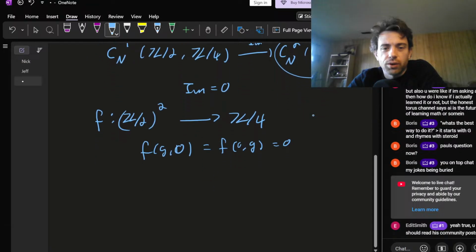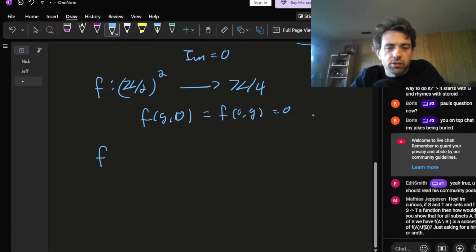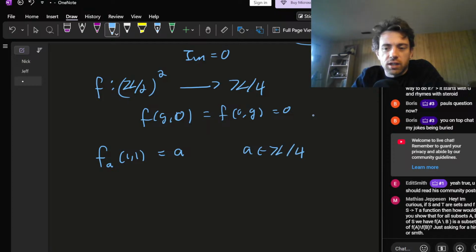And so actually there's only 4 choices of function based on where it sends (1, 1). So I'll call f sub a the function that sends (1, 1) to a, for a in Z mod 4.